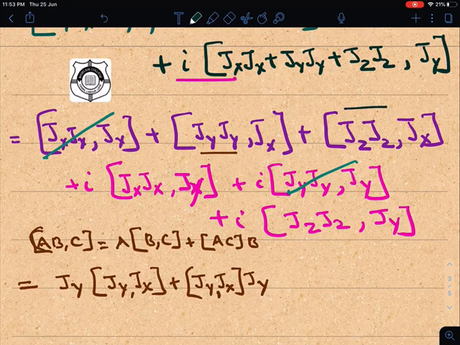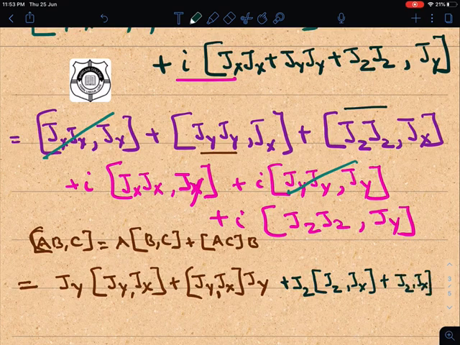Okay, that term is solved. Now this term: Jz times the commutator of Jz with Jx, plus the commutator of Jz with Jx times Jz.